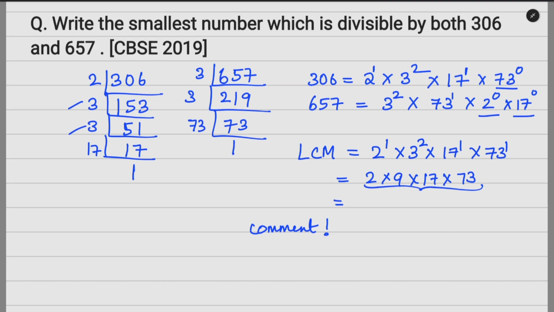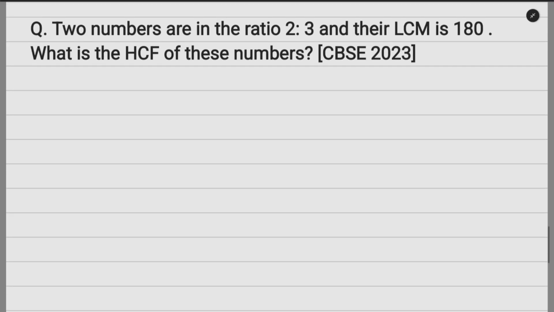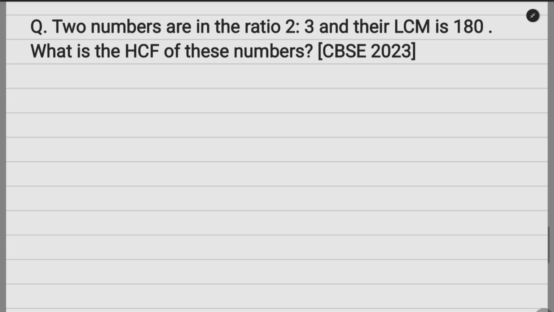Moving on to the next question. You are given two numbers are in the ratio 2:3 and the LCM is 180. What is the HCF of these numbers? So you are given the ratio, right? You don't know exactly what numbers they are. So let the two numbers be 2x and 3x.